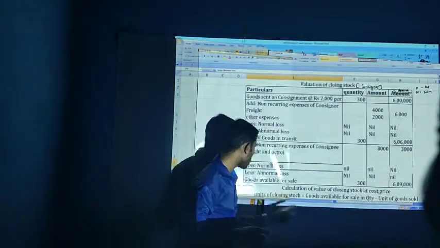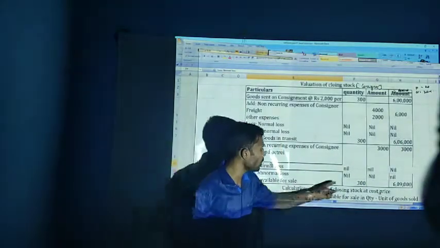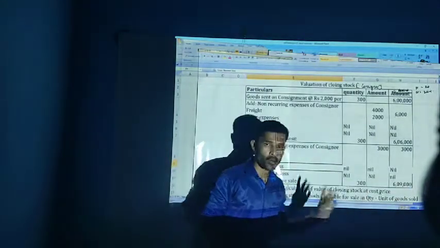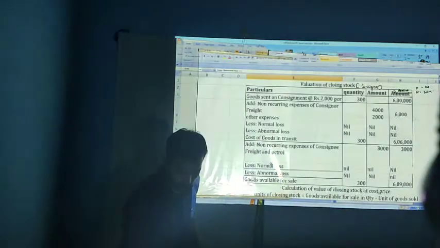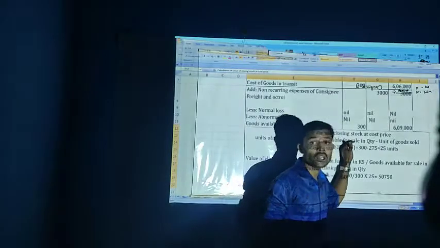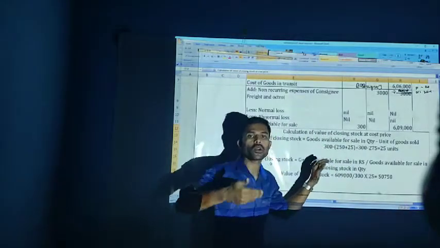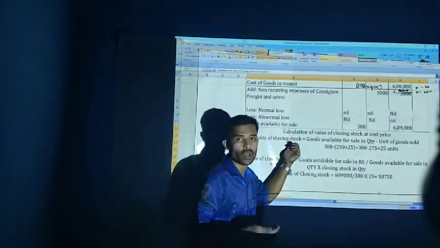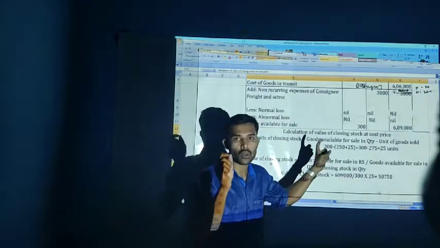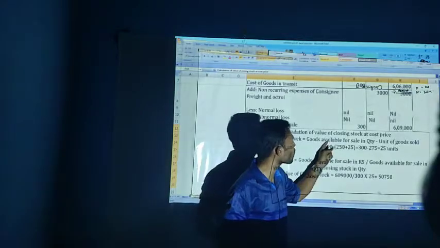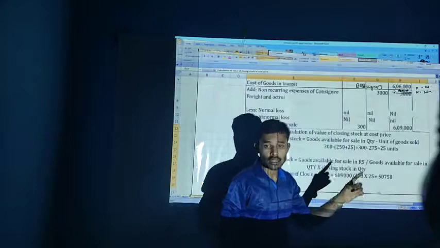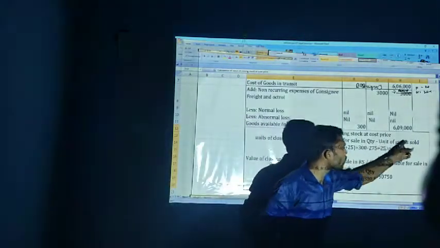That will be called the goods available for sale in units and goods available for sale in amount. Then again we have to calculate the value of the closing stock. Before that, first we have to know the quantity of the closing stock. The formula is goods available for sale in units, that is 300, minus the units of goods sold.